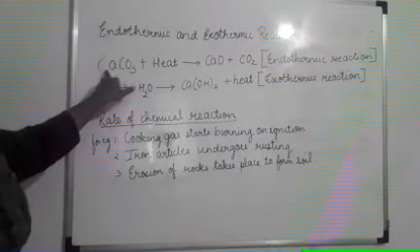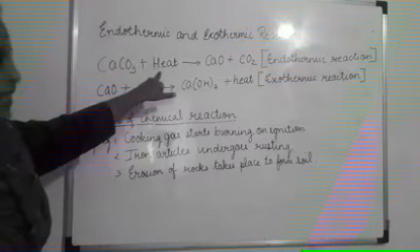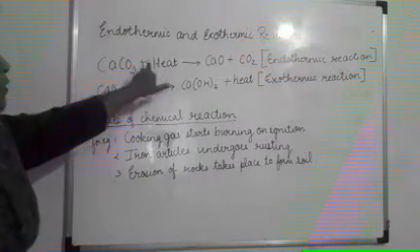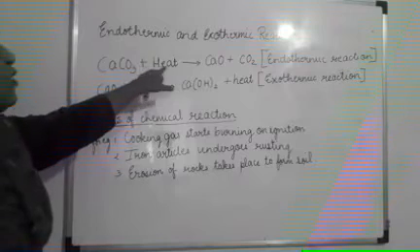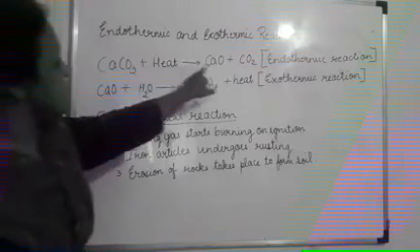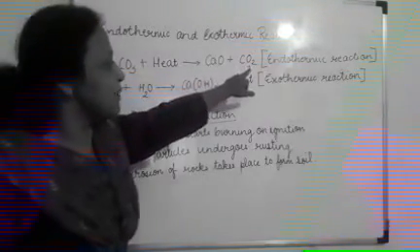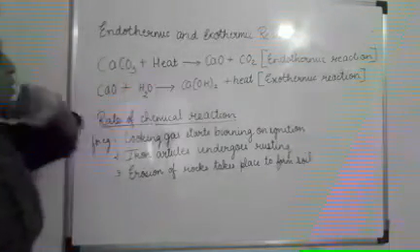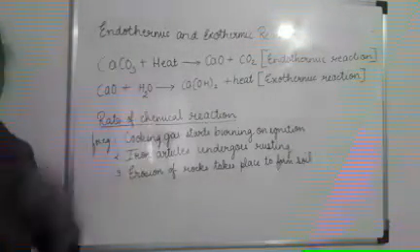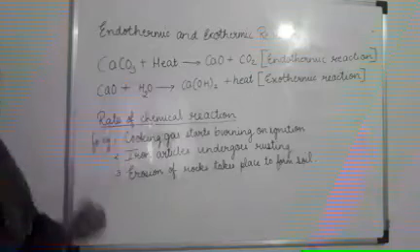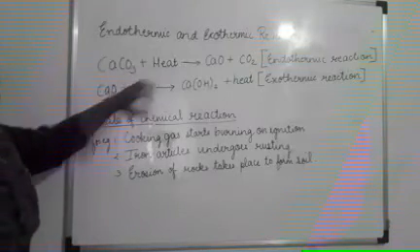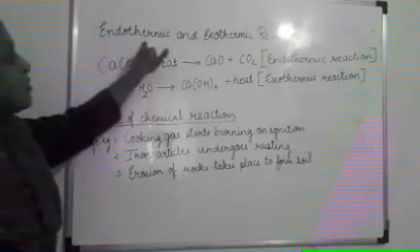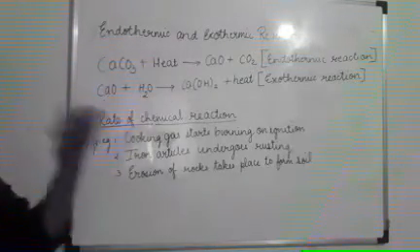When calcium carbonate is heated, heat is absorbed, and it gives you calcium oxide plus carbon dioxide gas. In this chemical reaction, heat is being taken in, and such a reaction is called an endothermic reaction.